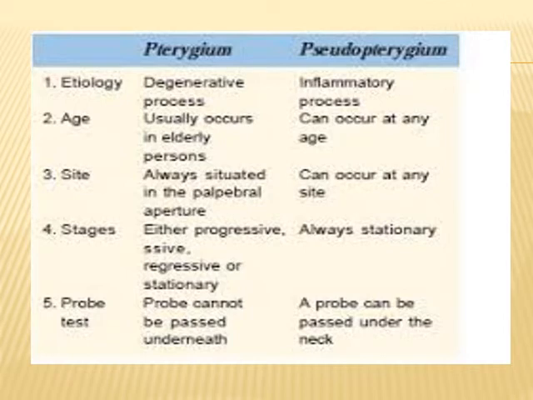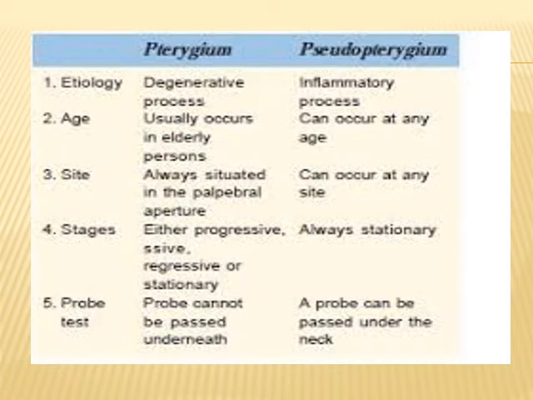Etiologically, pterygium is a degenerative process, while pseudopterygium is an inflammatory process. Pterygium usually occurs in elderly age, but pseudopterygium has no age preponderance. As for site, pterygium is usually present in the palpebral aperture, while pseudopterygium has no particular site. As for stages, pterygium can be progressive, regressive or stationary, and pseudopterygium is always stationary.